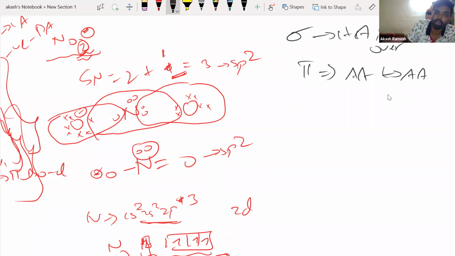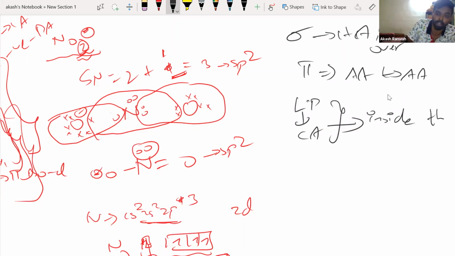Now, one more thing you have to understand: when you have lone pairs in the central atom, remember that you have to place them inside the hybridized orbitals. Very, very important point.